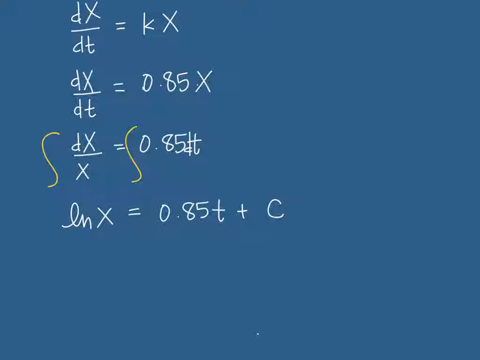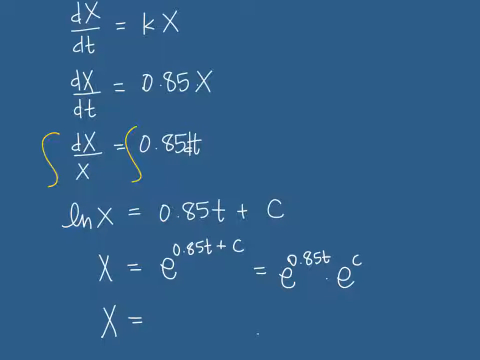Okay, and then you would apply e to both sides. So the number of diseases would be e to the 0.85 t plus c. And then you do the same thing with separating, times e to the c. E to the c is another constant.